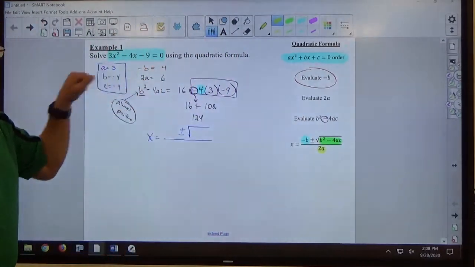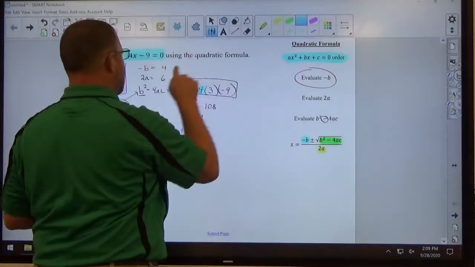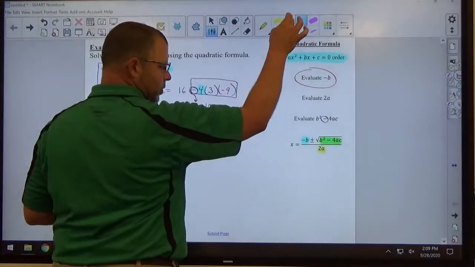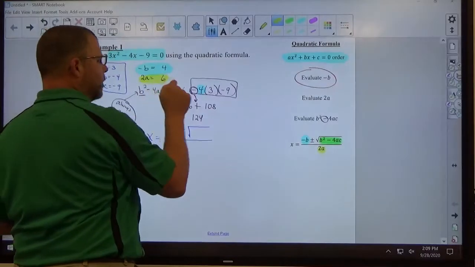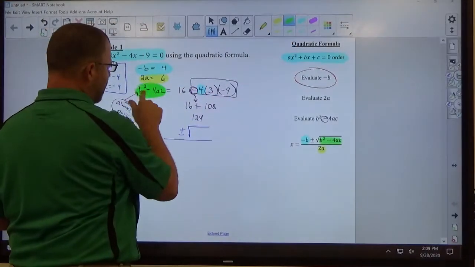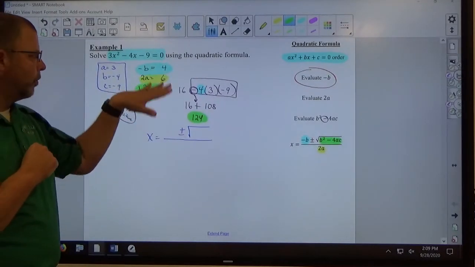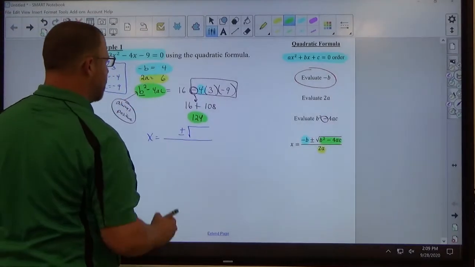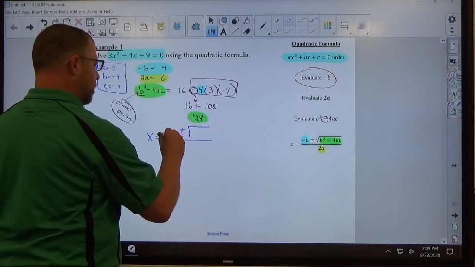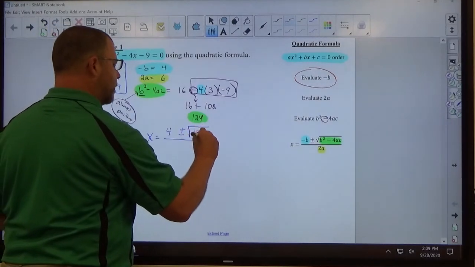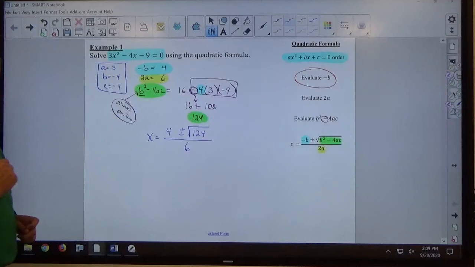And that's these 3 things we just found, right? Minus b is right here. 2a is right here. And b squared minus 4ac is right here. I'm just going to fill in those 3 positions with those 3 numbers we just found. So I'm going to put my 4 right here. I'm going to put my 124 right here. And put my 6 right down there.